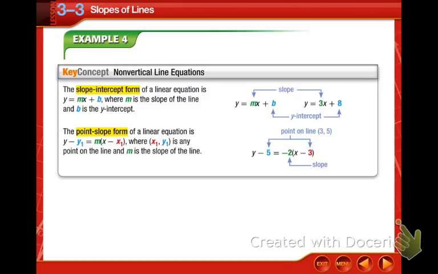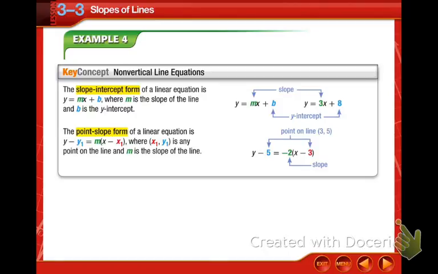So slope-intercept form and point-slope form of our equations. So slope-intercept form has exactly what it has in it: slope and the intercept, the y-intercept specifically. Point-slope form, if you have the slope and you have a point, you can find the equation in slope-intercept form by simplifying down point-slope form.